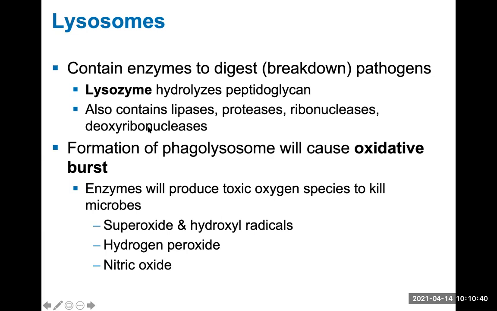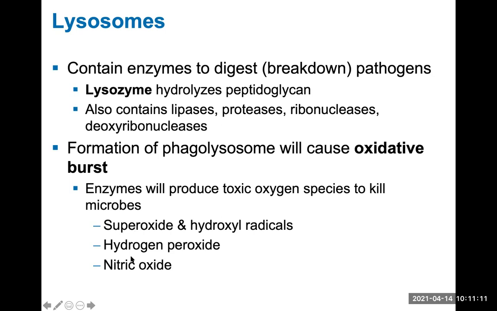We also have lipases to break down fats, proteases to break down protein, ribonuclease and deoxyribonuclease to break down nucleic acid, right, RNA and DNA. And so this is the digestion part of the lysosome. And the digestion doesn't take place within the lysosome. It takes place once the lysosome fuses to the phagosome and you have the phagolysosome, right?